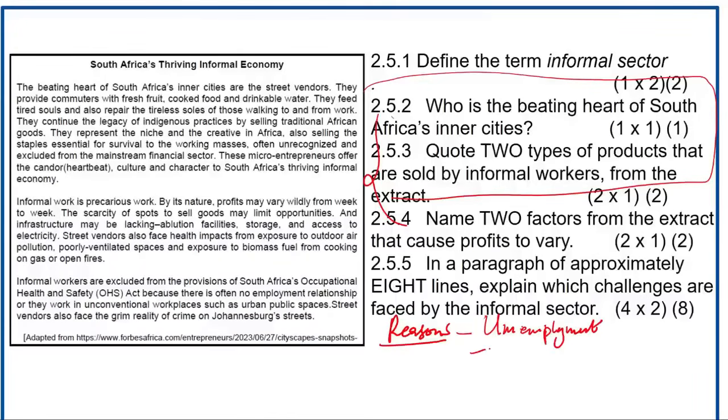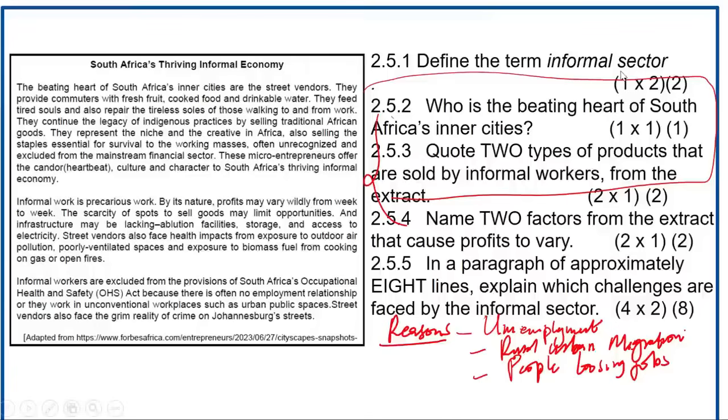We have informal sector because of rural urban migration. We have informal sector because of people losing jobs from the formal sector. That's why we're having informal sector. So you need to know the reasons for informal sector.